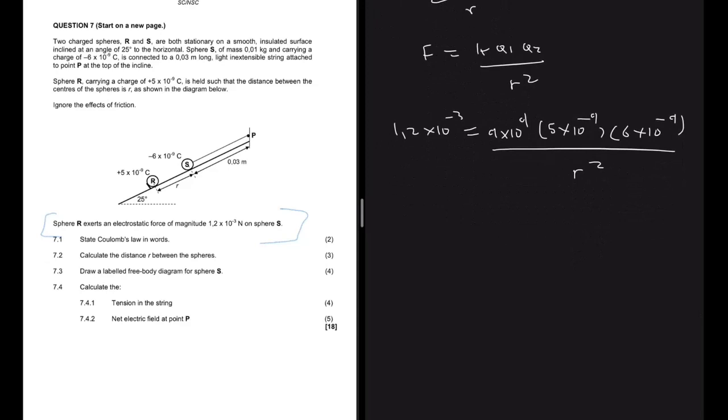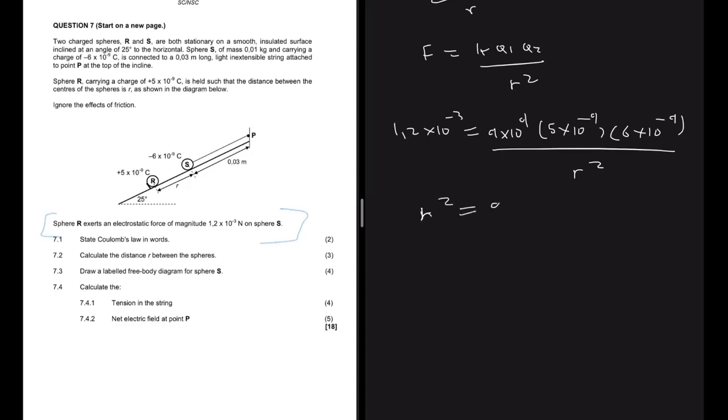r squared is what you are interested in. So from here, it's quite simple. The only variable we have is r squared. So you just do a bit of math and you solve it. So let me go ahead and do that. I'm going to cross multiply. I'm going to multiply the left hand side by r squared and then multiply the right hand side by r squared.